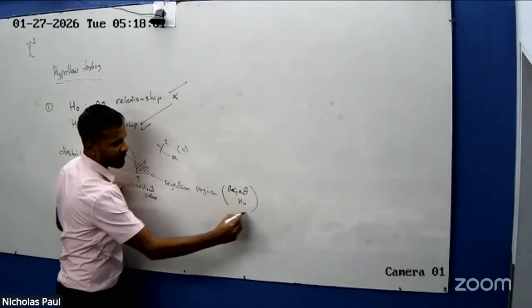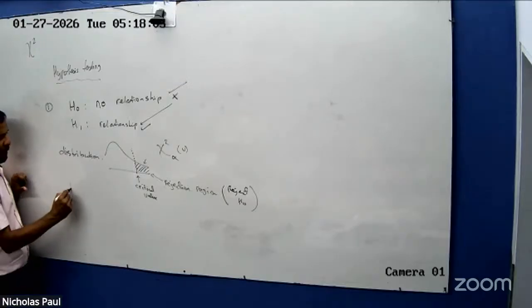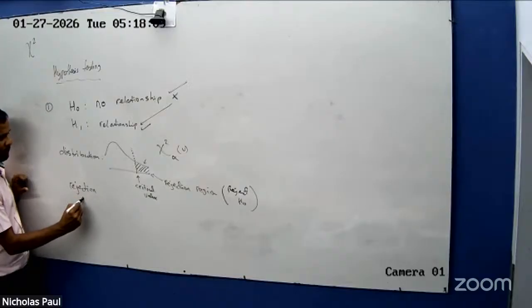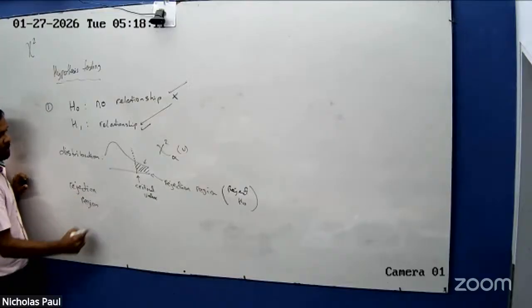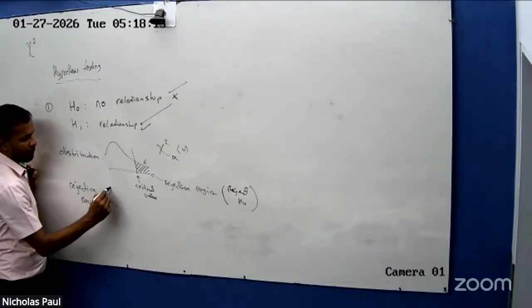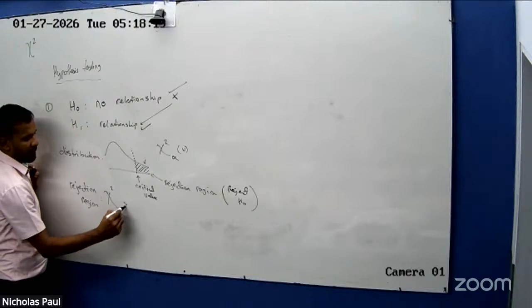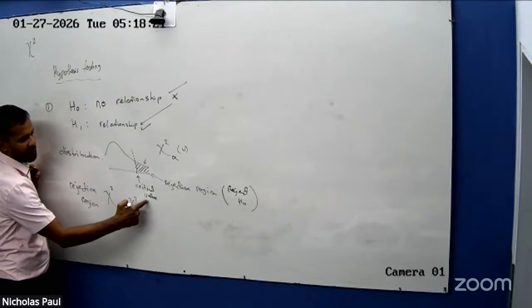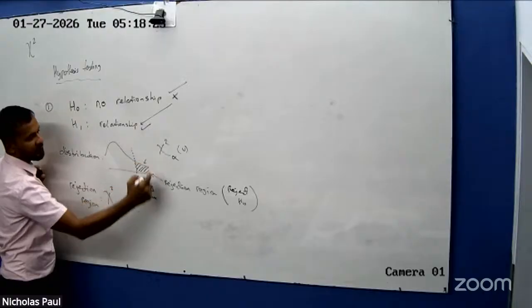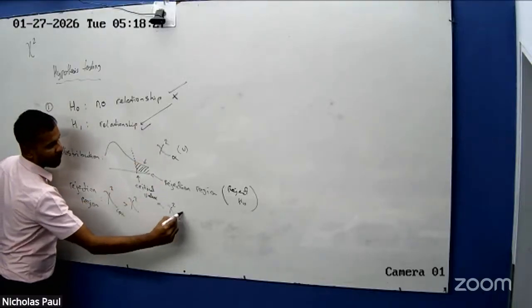H naught. All right. And for this one, our rejection region was if chi-squared calculated is greater than the chi-squared critical value, which comes from this, right?